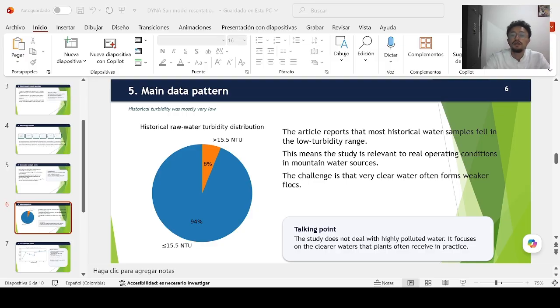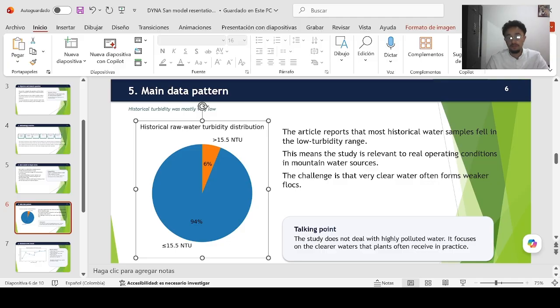The chart on this slide shows that the vast majority of values were below 15.5 NTU. That concentration of observations in the low range is exactly what makes the article useful. It tests the model in the zone where prediction is usually more difficult.